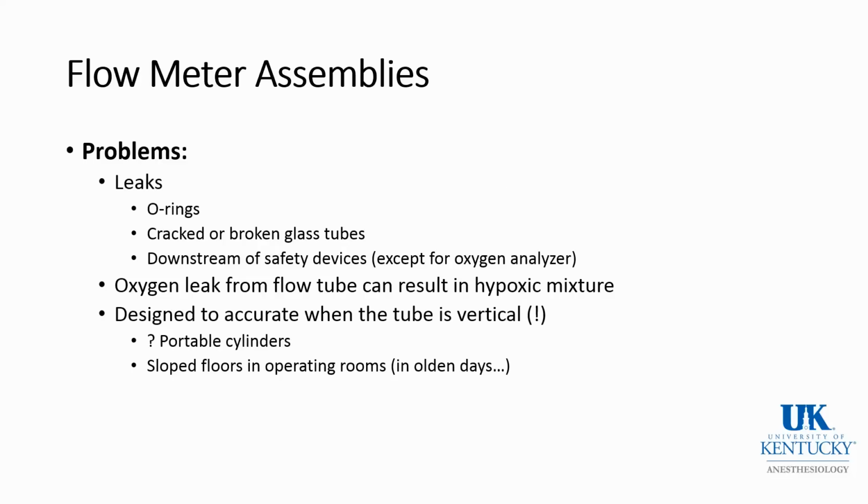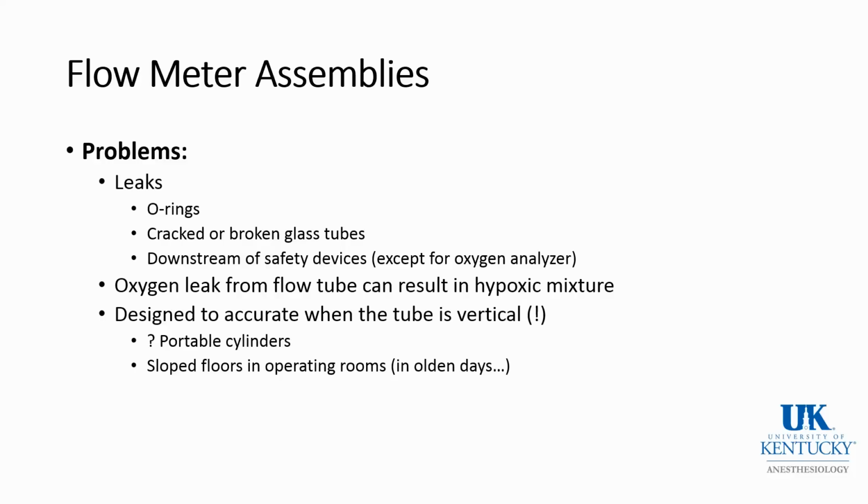Flow meter assemblies have problems. They have leaks, they have O-rings, and the glass could be broken. An oxygen leak from a flow tube can result in a hypoxic mixture. Therefore, this is why it is essential to have an oxygen analyzer downstream of the flow meters.